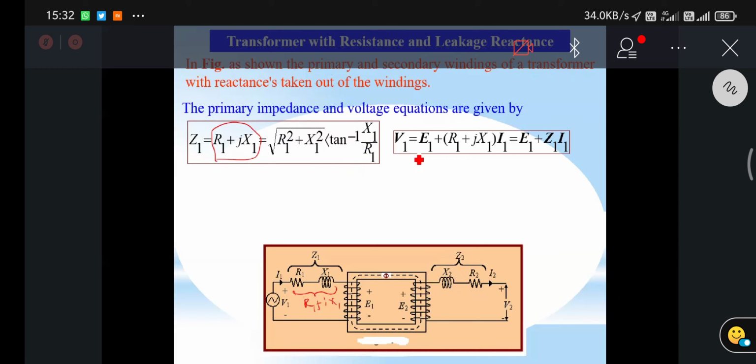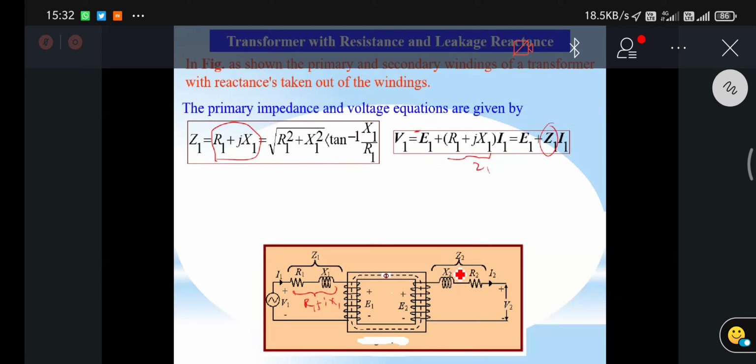V1 equals minus E1 plus (R1 plus jX1) of I1. R1 plus jX1 is nothing but Z1.